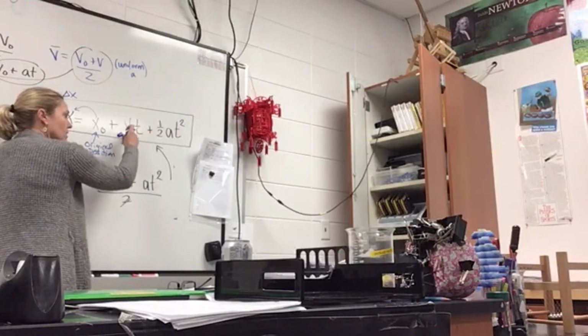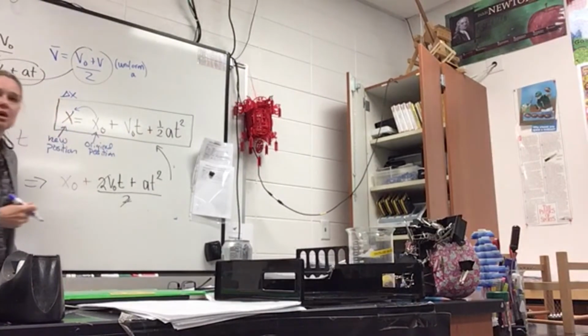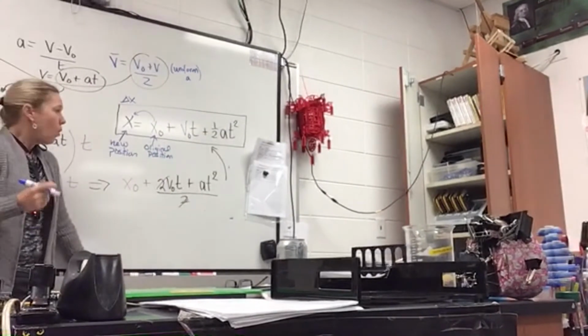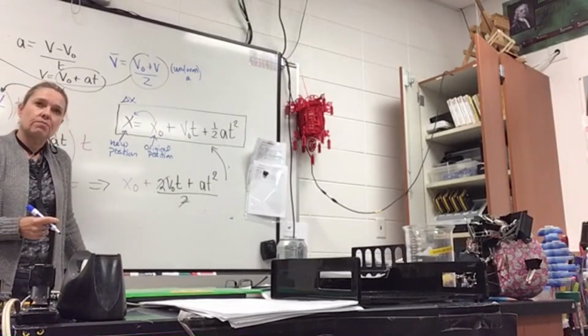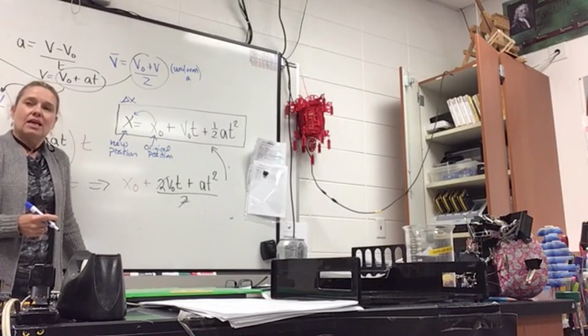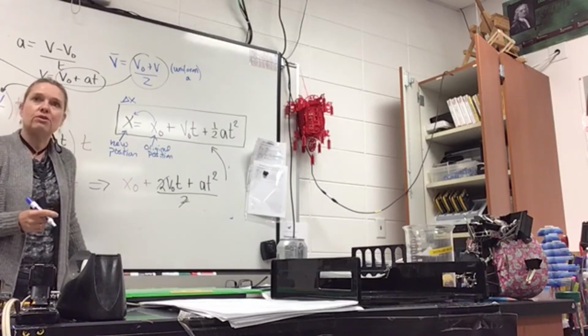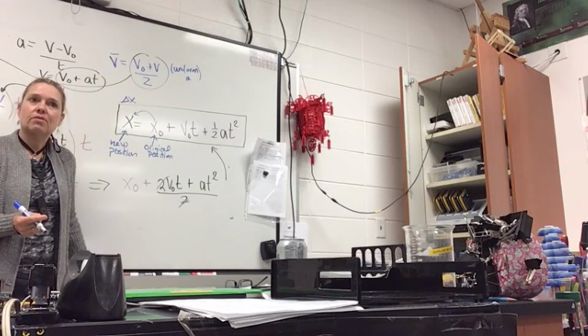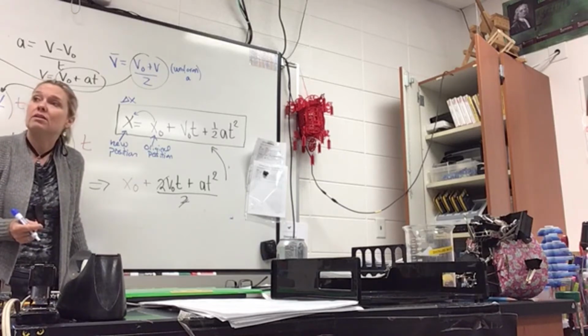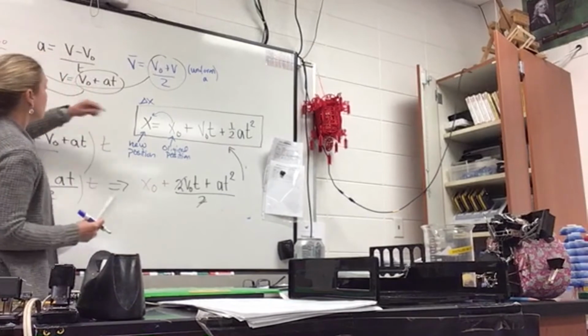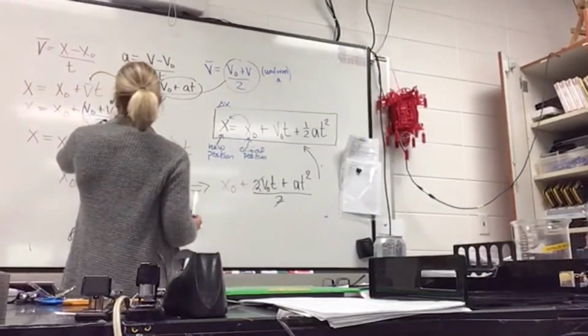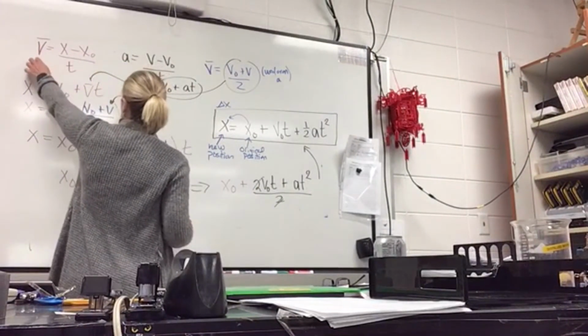Okay. What does this part tell us? What is initial velocity times time equal? Equals a distance. What distance is it, though? Initial distance. What does that mean? It means the distance you would have gone if you didn't accelerate.